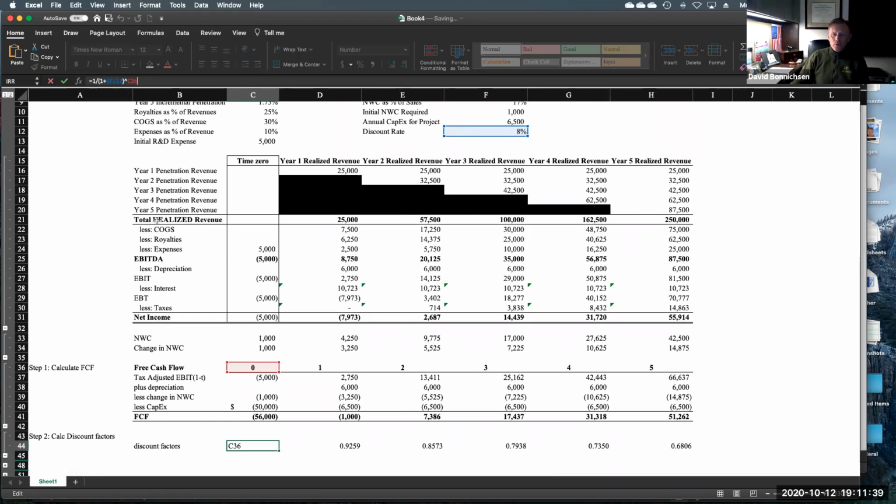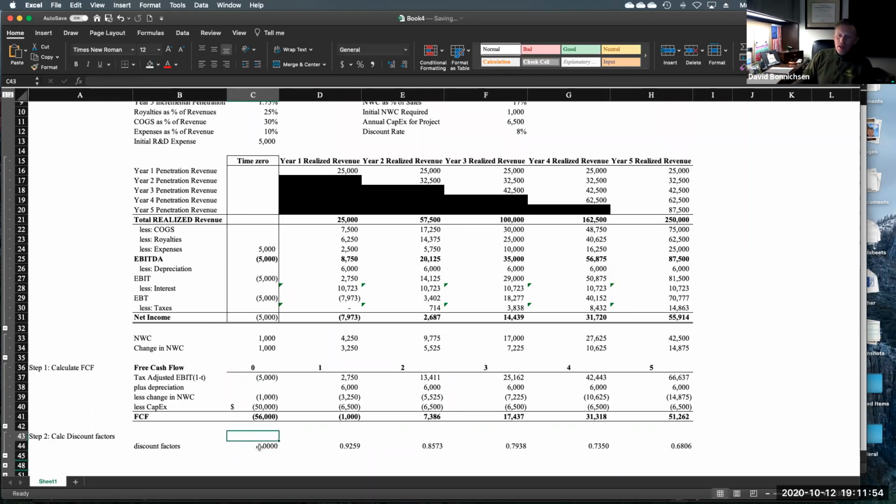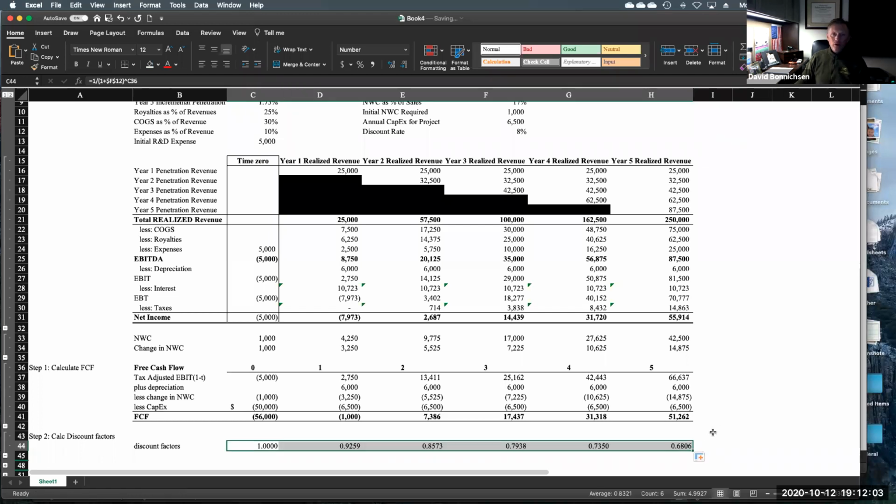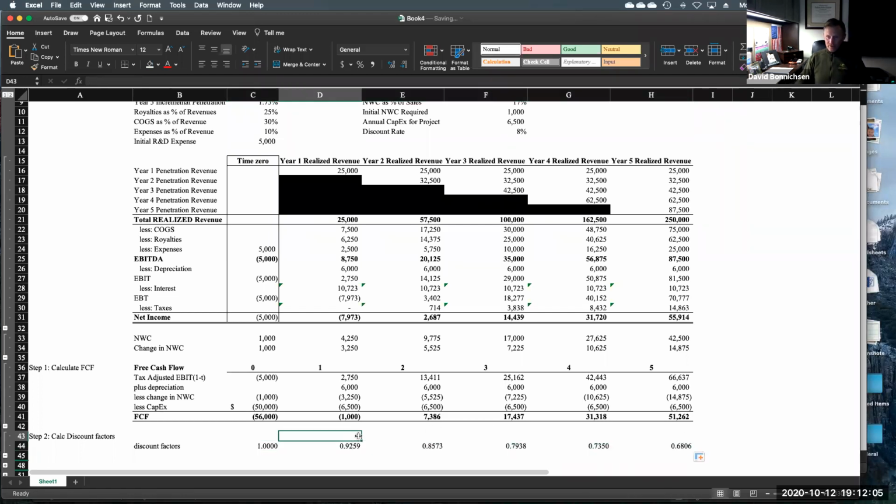In this case, we're in period 0, which means we're not going to get a discount factor other than 1. We don't have to discount it because we're in that very first 0 period. And if you've linked up your Excel file the way you should, you can just drag that entire formula across, and it creates your discount factor for the remaining 5 periods.